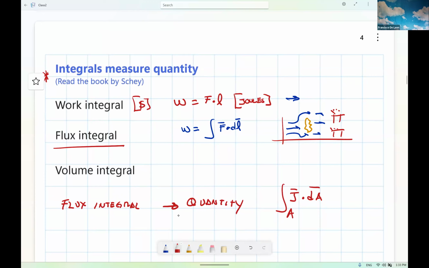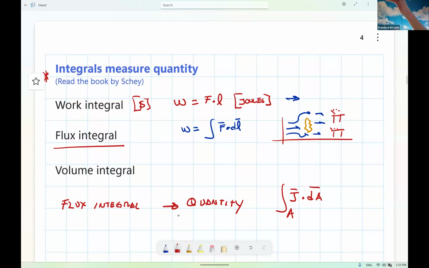For example, I don't need to count the people inside this room to know how many people came in, right? At this point, we have 2, 4, 6, 7 people here. But it's enough for me to put a counter at the door and see how many people cross through the door to know how many people were inside.